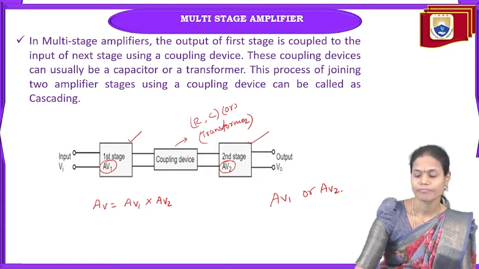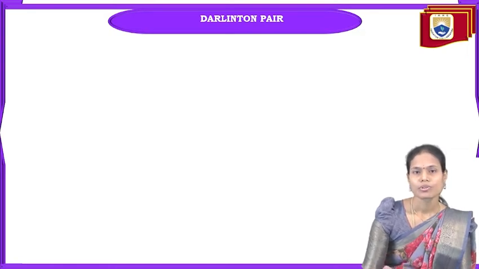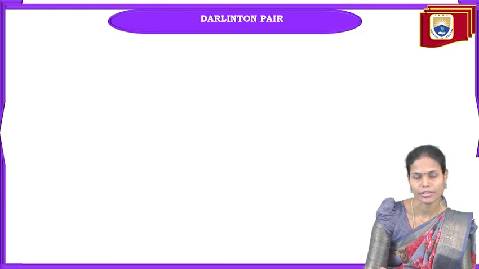Now we'll see about the Darlington Pair. What is meant by this Darlington Pair? Why are we moving for this? Generally, a single stage common emitter, common base or common collector amplifier may provide gain levels and input output impedance levels to some extent.